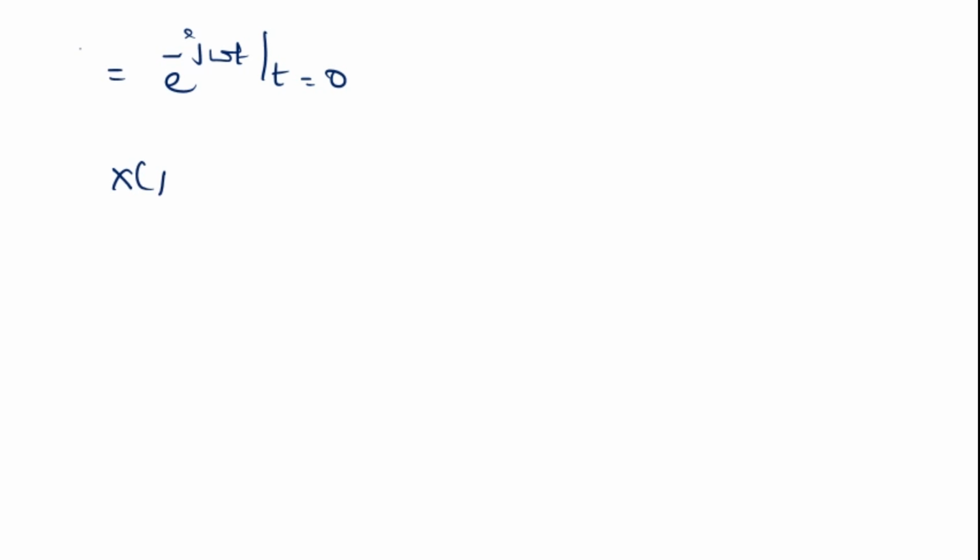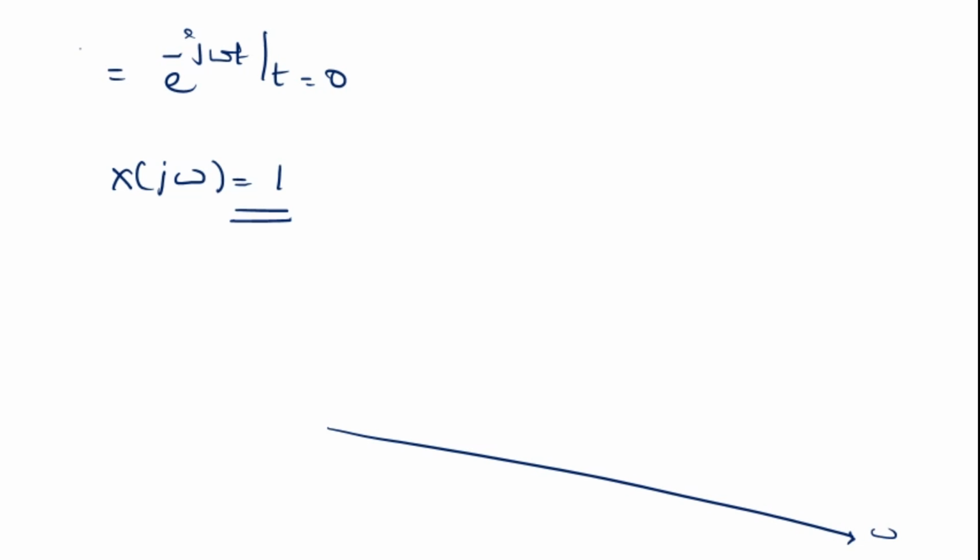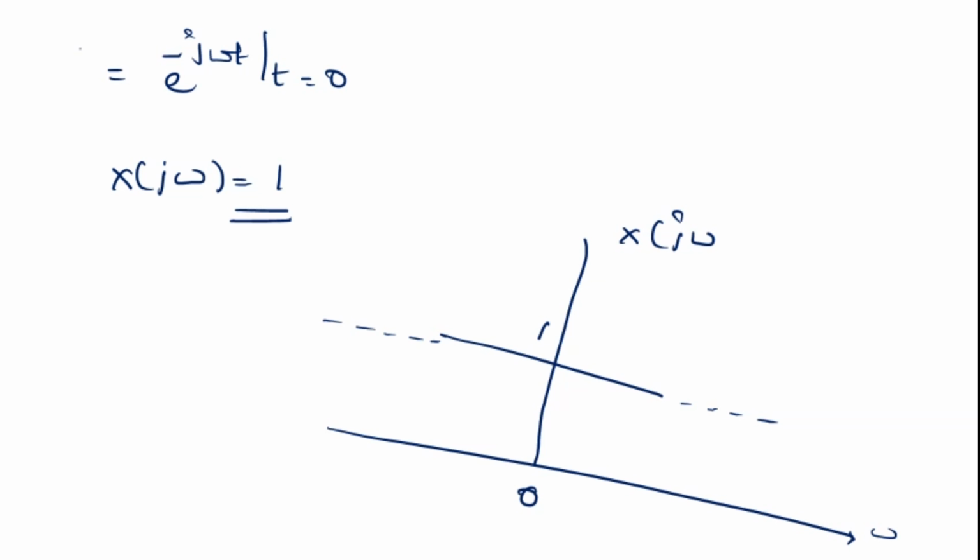So x of j omega is equal to 1. Then the spectrum will be, this is 0, this is 1, x of j omega.